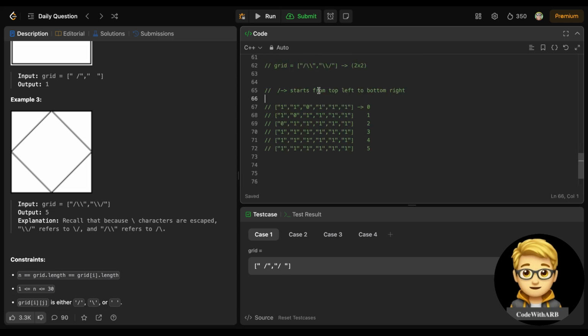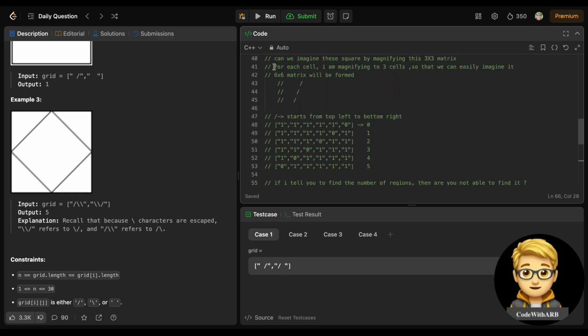Now this is double backslash, right? It means this will start from the top right, sorry. I think I have told you this wrong. Okay, this starts from top right to bottom left, right?